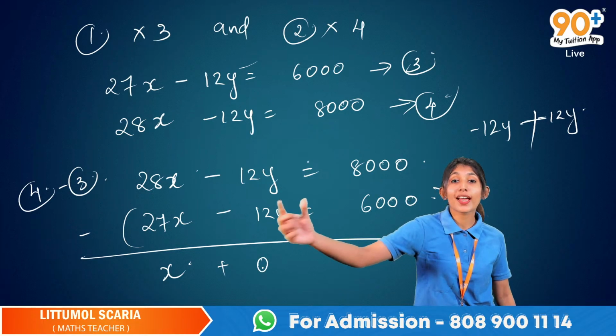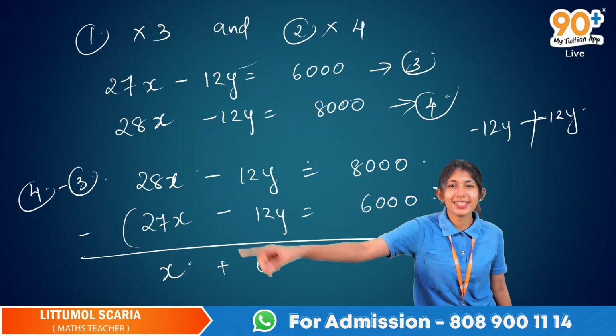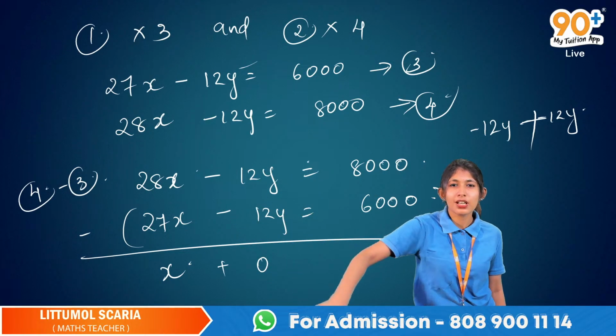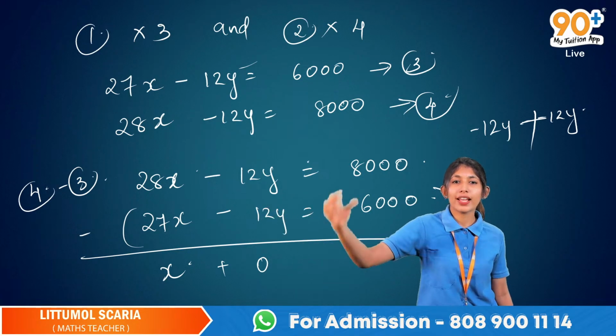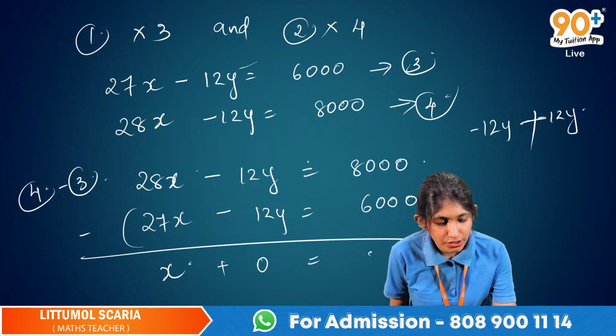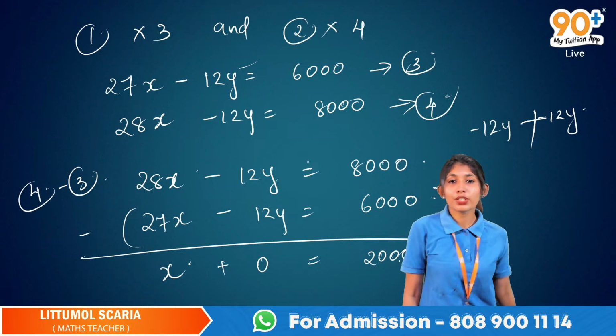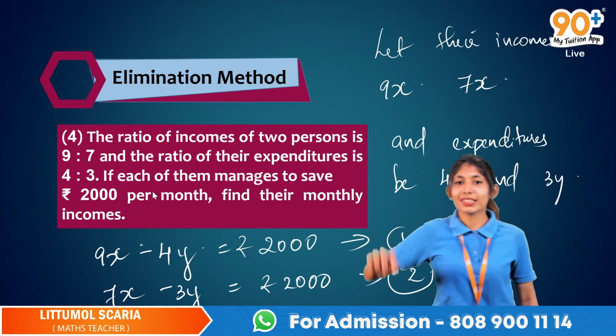That's why I subtracted. Why did I subtract? Because I just wanted to eliminate. I wanted to remove this variable. So I made their coefficients equal, then I removed the y term from there by subtracting. Okay, and I got 2000. So I got x to be 2000. What is asked? Find their monthly incomes.